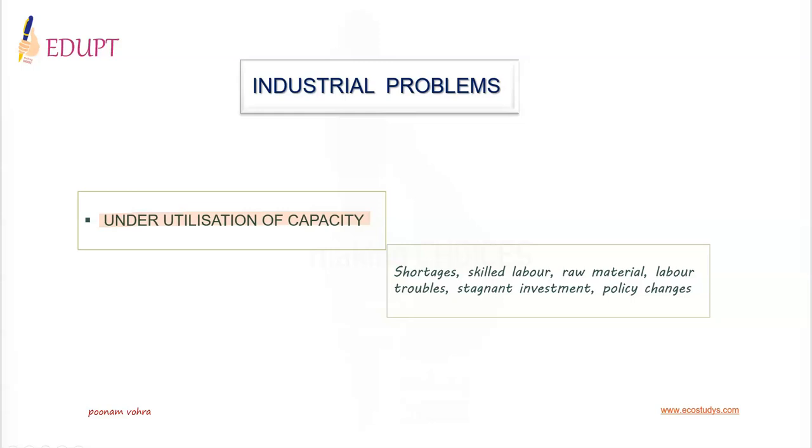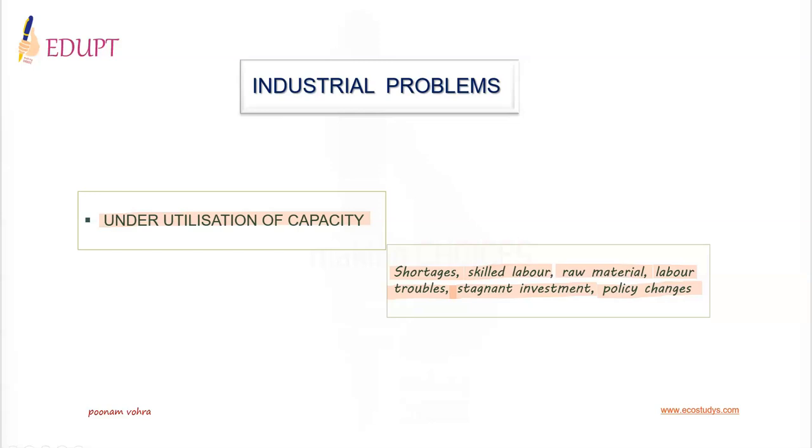There may be numerous causes for underutilization of capacity, like shortage of inputs comprising skilled labor, raw material, power failure, insufficient demand, transport facilities, labor troubles leading to work stoppages, prolonged strikes, lockouts, stagnation of real investment, technological indivisibilities, policy changes by government with respect to industrial licensing, expansion of capacity, imports, foreign exchange protection and so on.